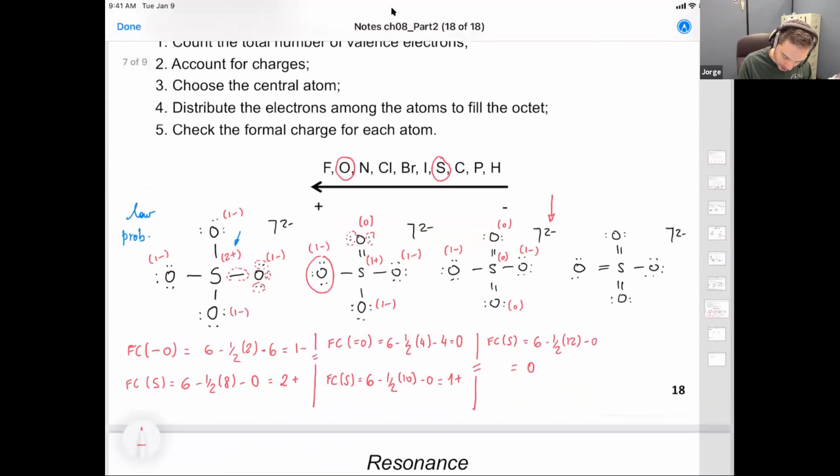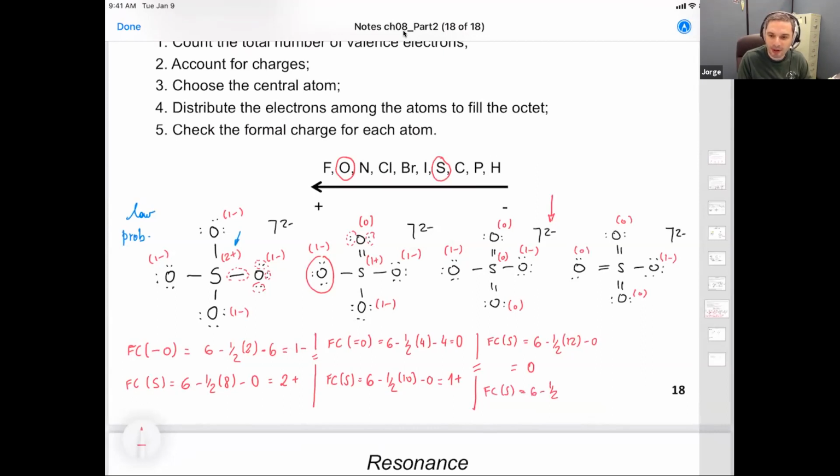Every time we have oxygen making a single bond, this will give us formal charge 1 minus. And in the case of double bonds, that will give us a formal charge equal to 0. Now let's do the formal charge for the sulfur, the central atom here. It's going to be 6 minus half of the number of bonding electrons.